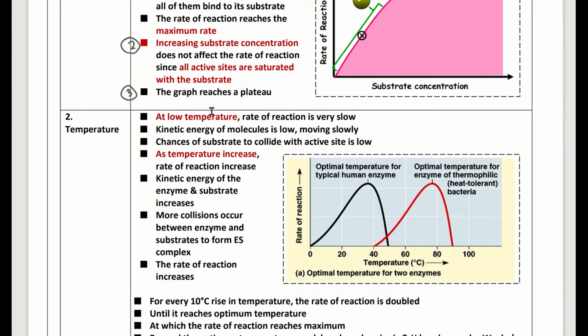Okay, so yang ini yang low lah, low temperature, kinetic energy low, chances of substrate to collide with active site is low. As temperature increase, kinetic energy of enzyme substrate increase, more collision, higher chances to form enzyme substrate complex, reaction increase.